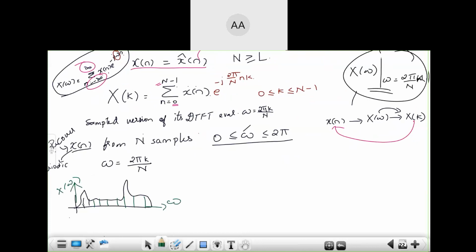How are you sampling it? What is the length of each of these? The k value is 0, 1, 2, 3 up till N minus 1. You take k equal to 0 to N minus 1, and this is 2 pi by N into k. The width between the samples will be 2 pi by N, multiples of k. This is what we have written. So whatever you wrote earlier, the meaning of that is this.